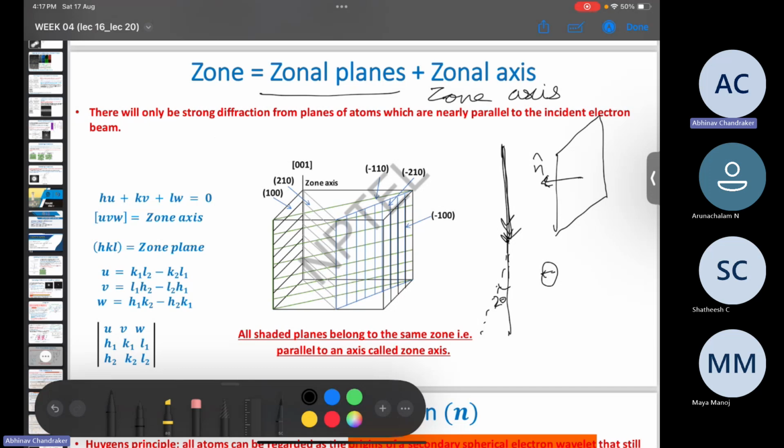Their diffraction spots will be visible in the image. And if the electron beam is parallel to a particular zone axis, all the zonal planes corresponding to that zone axis will be able to create diffraction spots.